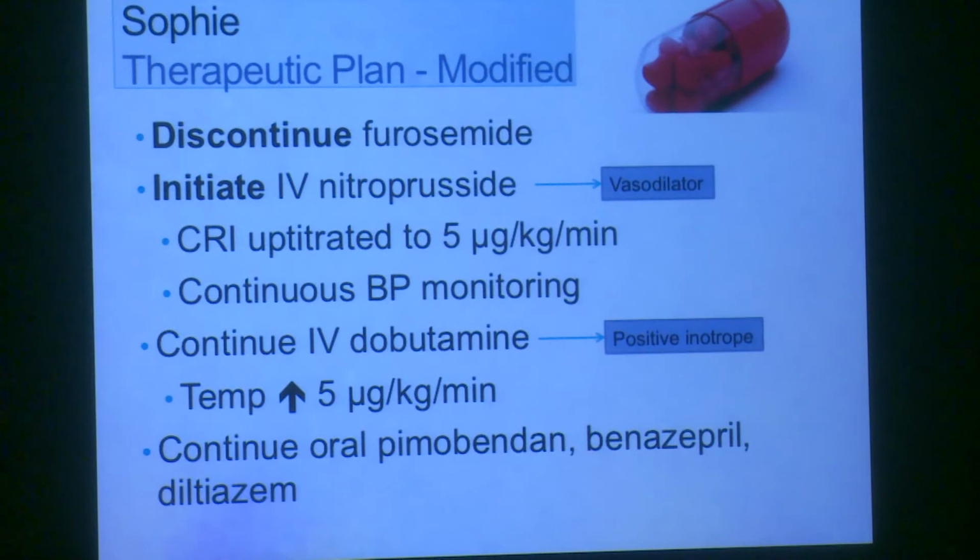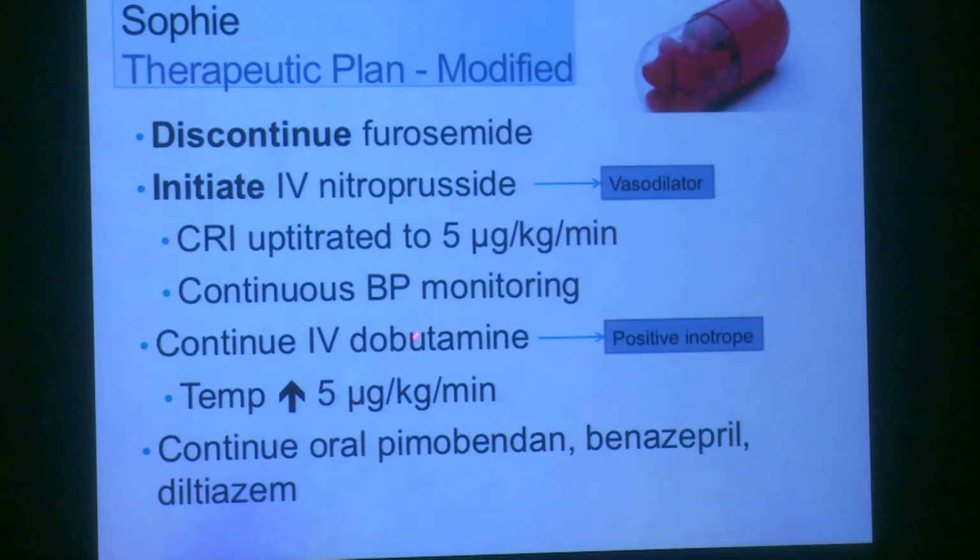And we up-titrated her actually to the maximum dose, which she tolerated. So we monitored her blood pressure continuously. And in the face of that weakened contractility, and with that potent vasodilator on board, her blood pressure stayed normal. So hopefully we were reducing her vascular resistance and maintaining normal blood pressure in the face of being able to improve her forward flow.